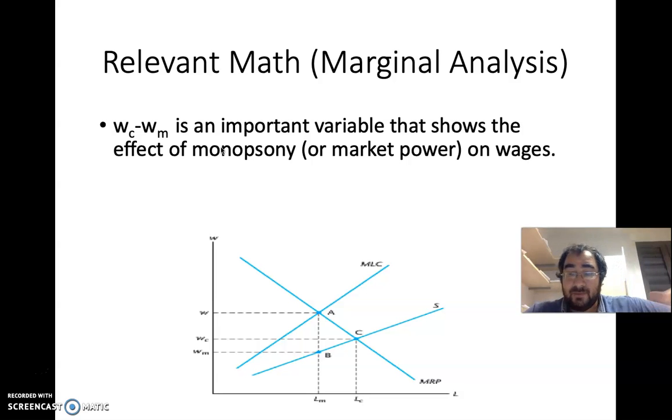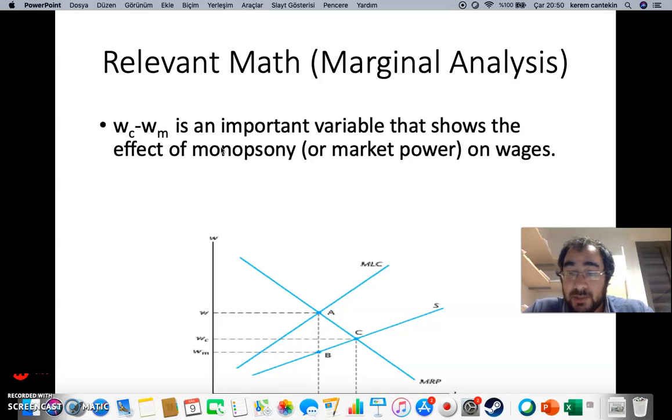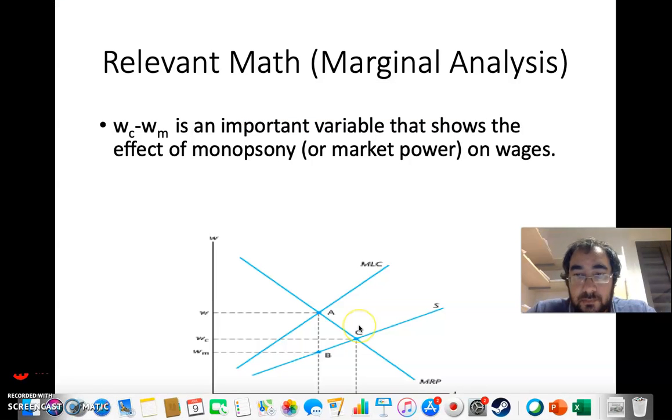Basically, when we calculate the exploitation, what we just need to look at is the labor productivity, which according to marginal analysis, the important variable we should look at is the marginal productivity, because the productivity of the last worker is important.